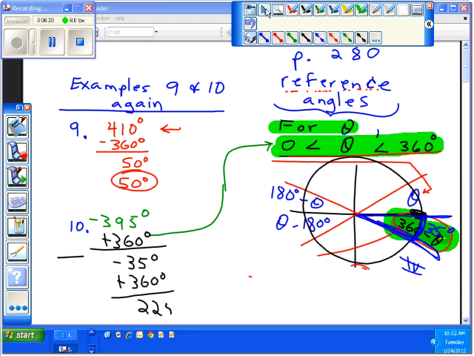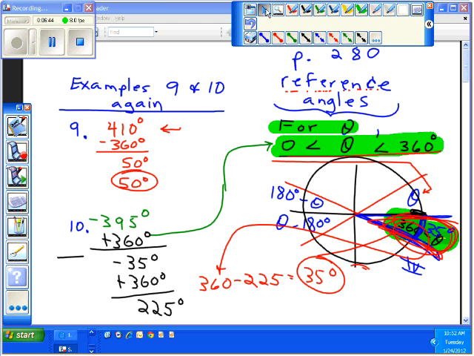At that point, we get a positive value between 0 and 360. Then we can apply the formula for that area to that coterminal angle, and that formula would be 360 minus that coterminal angle, which gives us that positive 35 value.